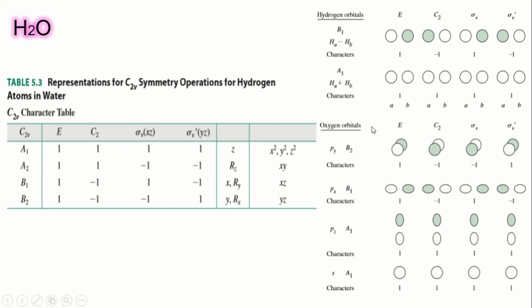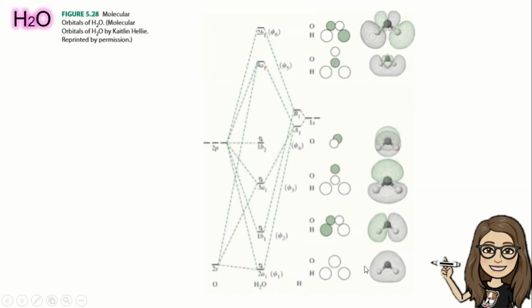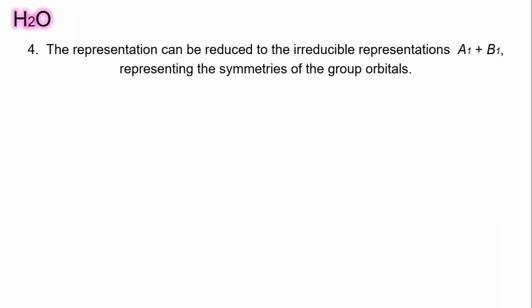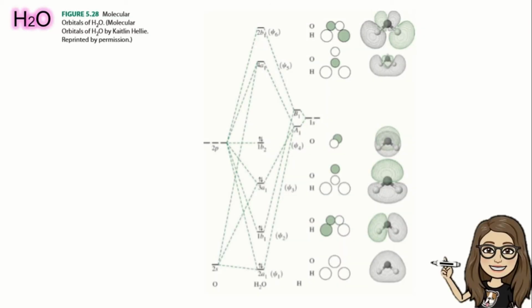The A1 hydrogen group orbital is going to combine with the s and pz orbitals of the oxygen to form 3 molecular orbitals. This is going to be here. So it's going to be the energy levels 1, 3, and 5. Molecular orbital 1 is only slightly lower in energy relative to the oxygen 2s orbital.